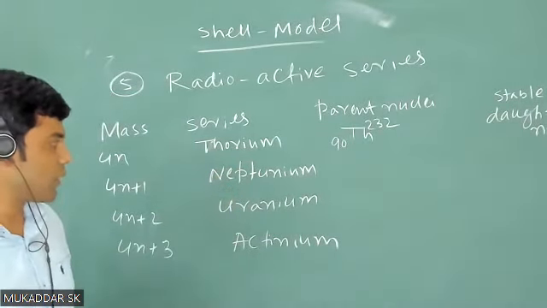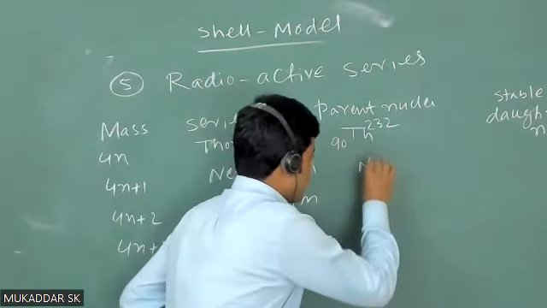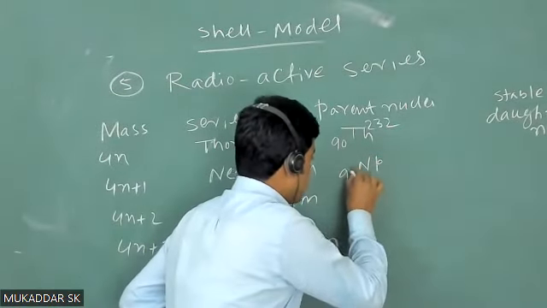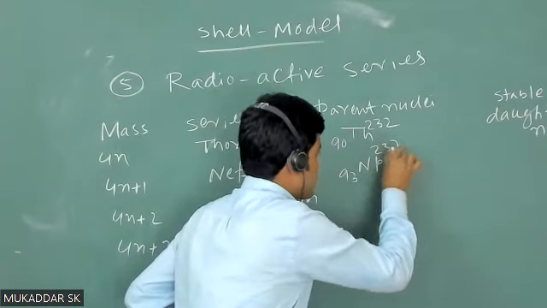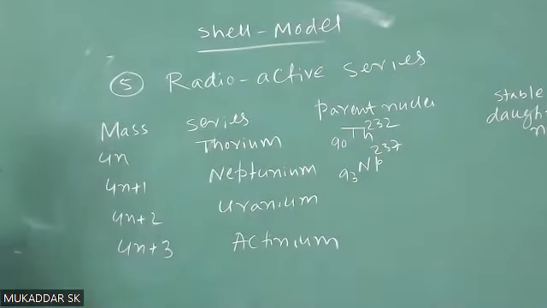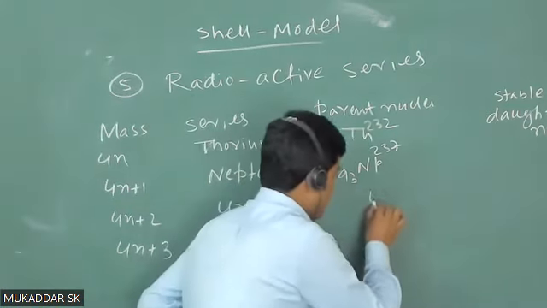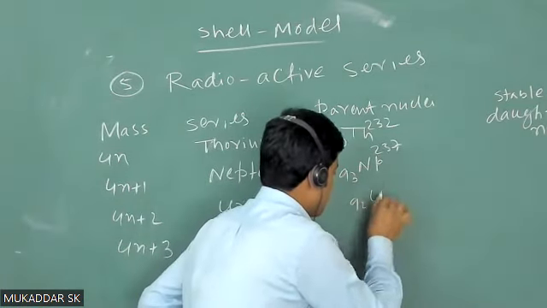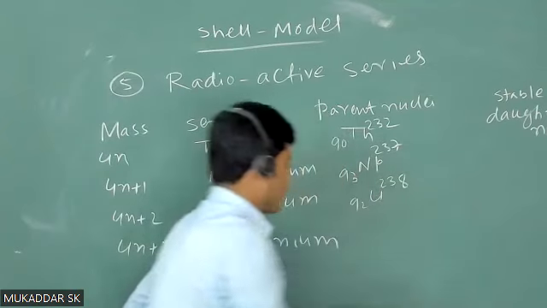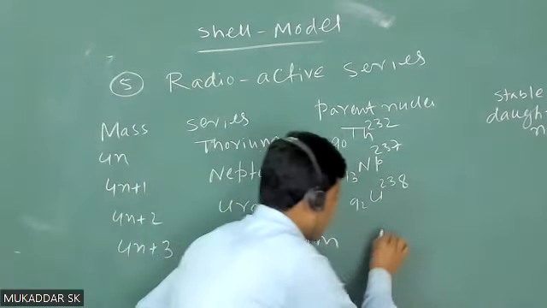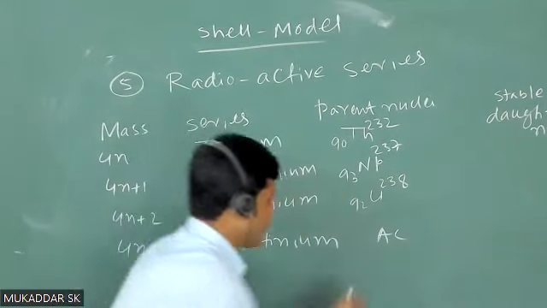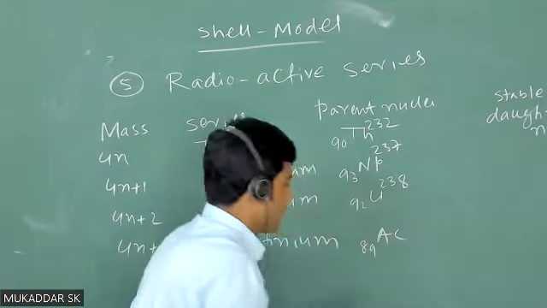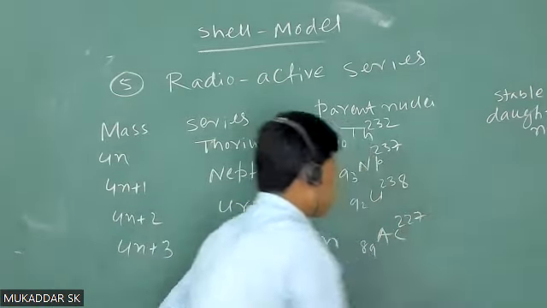Neptunium: parent nucleus is Np, neptunium 93, 237. That's why it is called neptunium series. Then uranium, parent nucleus uranium 92, 238. Okay, actinium, Ac, atomic number 89 and mass number 227.